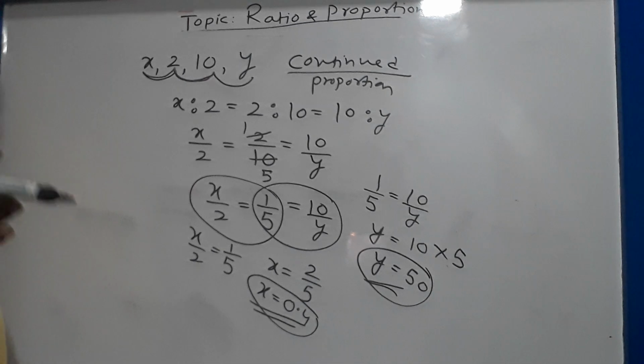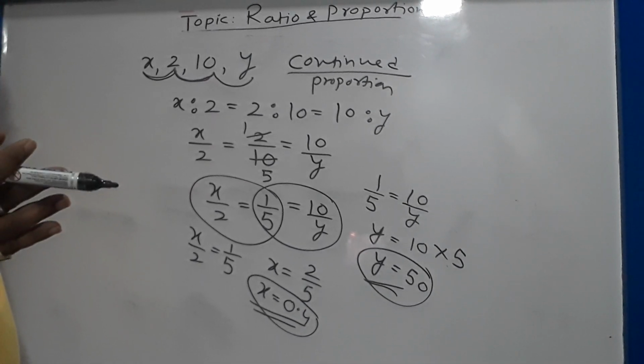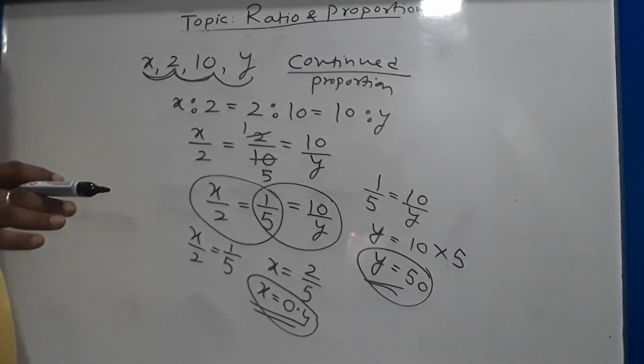So in this case we are given 4 numbers in continued proportion. When there are 3 numbers in continued proportion, we can directly take b square is equal to AC and solve the equation.